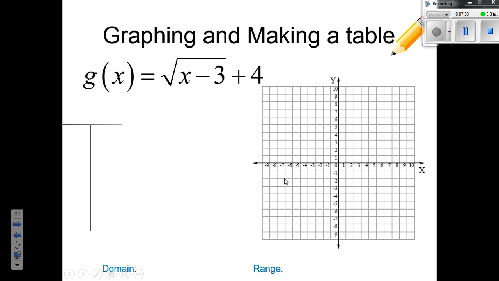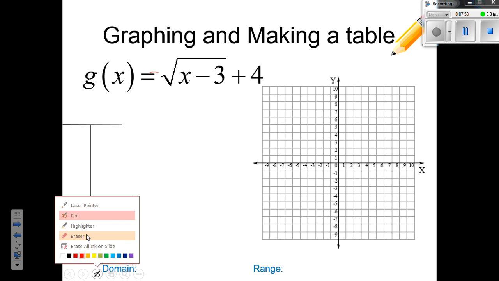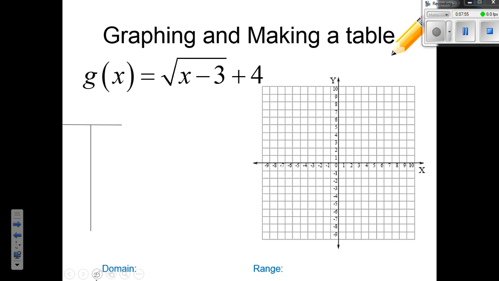So I'm going to be graphing and making this table. It's g of x equals the square root of x minus 3 plus 4. Now remember, those are my starting values or how my graph is shifting.